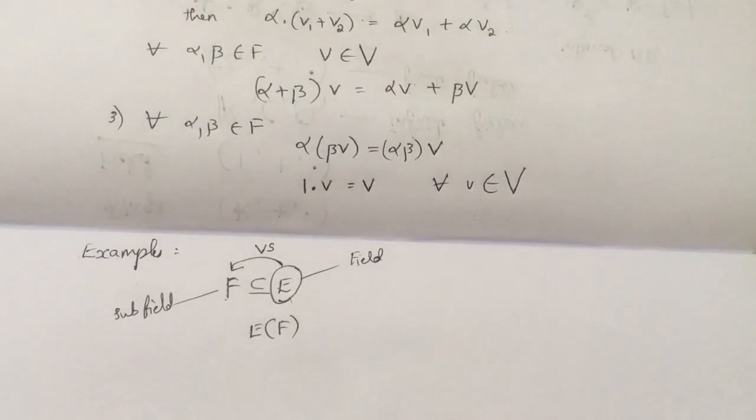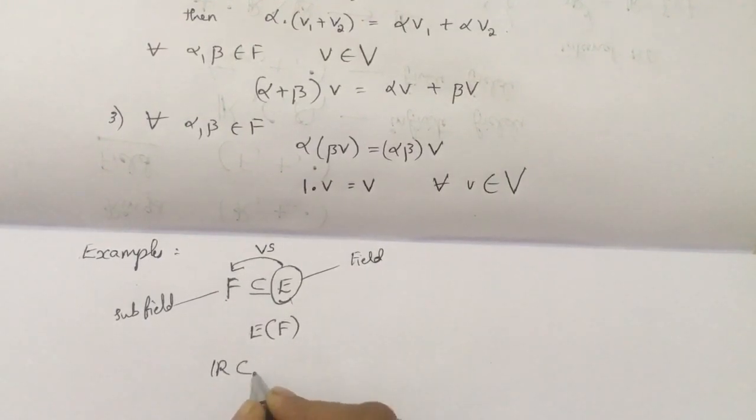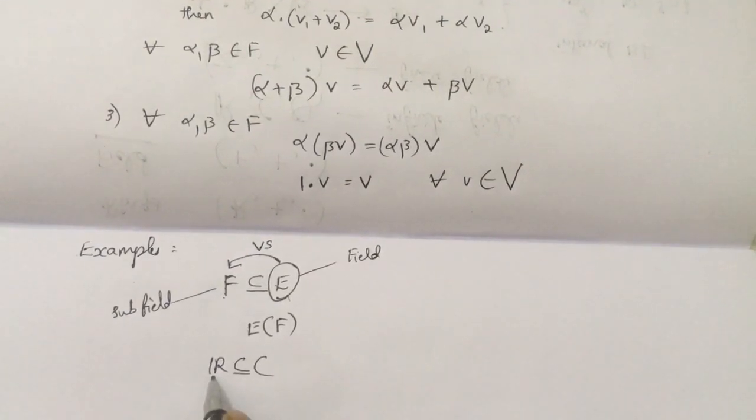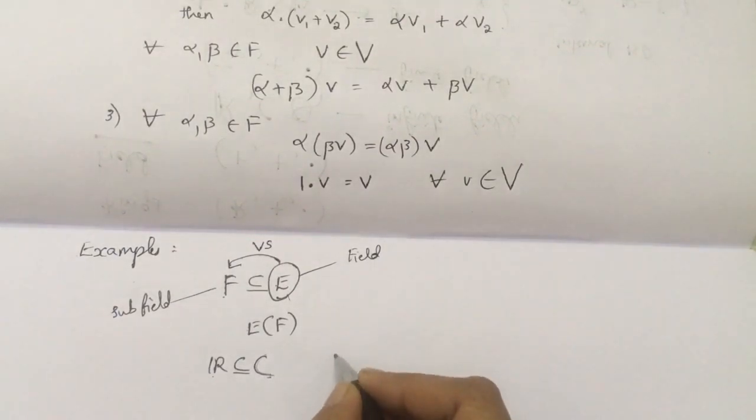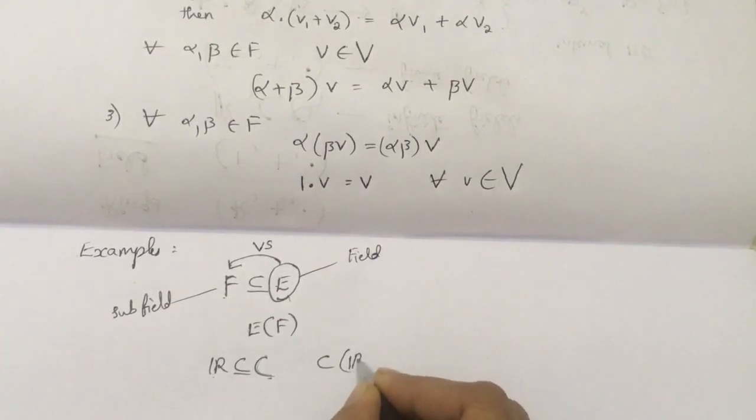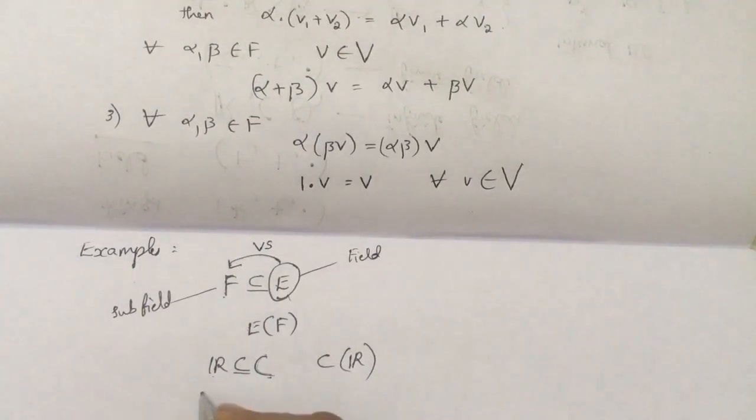In general, the set of real numbers is a subset of the set of complex numbers, so I can say C forms a vector space over the set of real numbers.